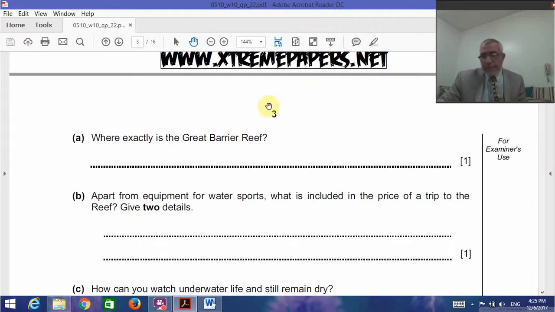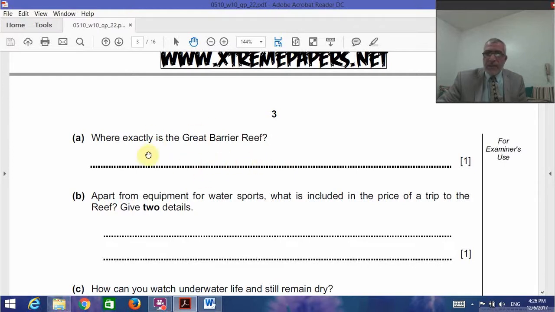The general exam tip and strategy is to look at the question, read it well, and you can highlight the keywords, and then you scan the text to find out the relevant information. Once you find it, you write it here on the space given here, and you write direct short answers, because this is reading, not writing. So the examiner here focuses on your ability to read and find information in a given text.